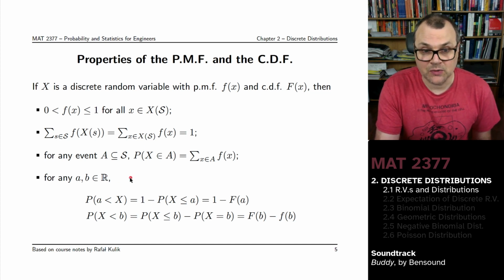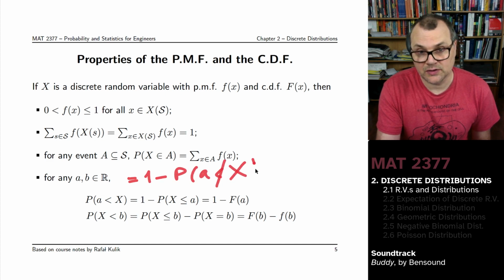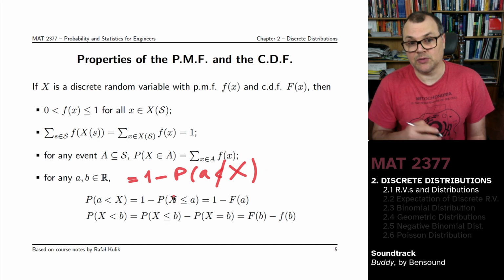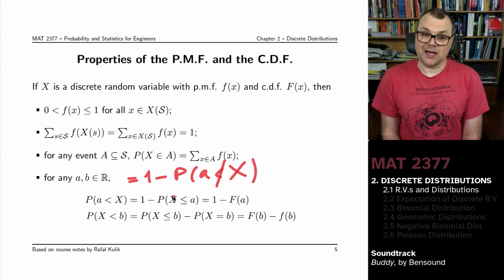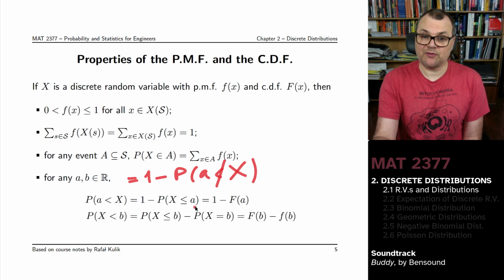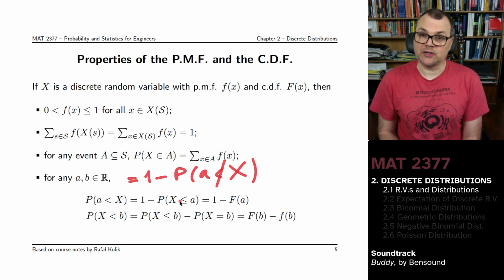So this thing here would be equal to 1 minus this. Or another way to write it, if X is not smaller than or equal to A, it means that X must be strictly larger than A. And this, we have an expression for it. That's the value of the cumulative distribution function at A.